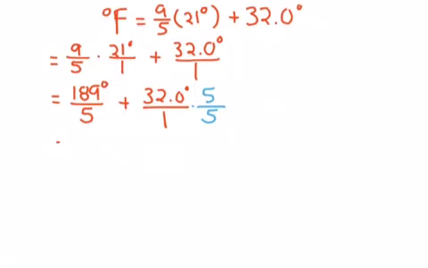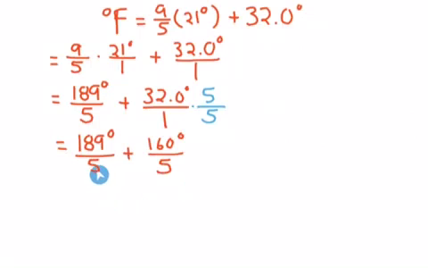So I get 189 degrees divided by 5 plus 32 times 5, which is equal to 160 degrees, and then 1 times 5, that's going to give me just 5 on the bottom.